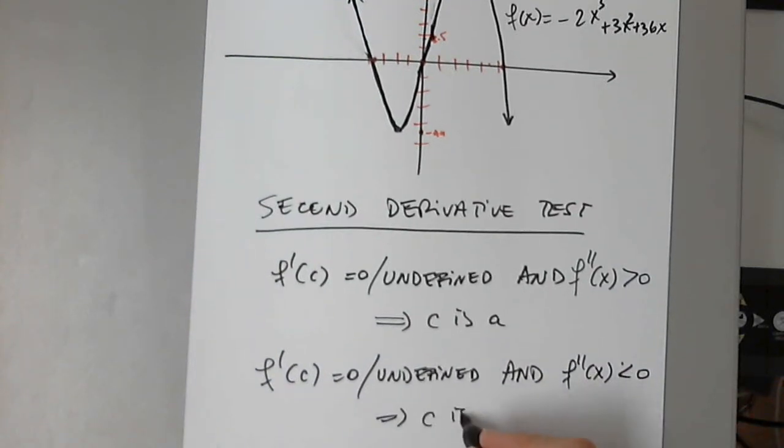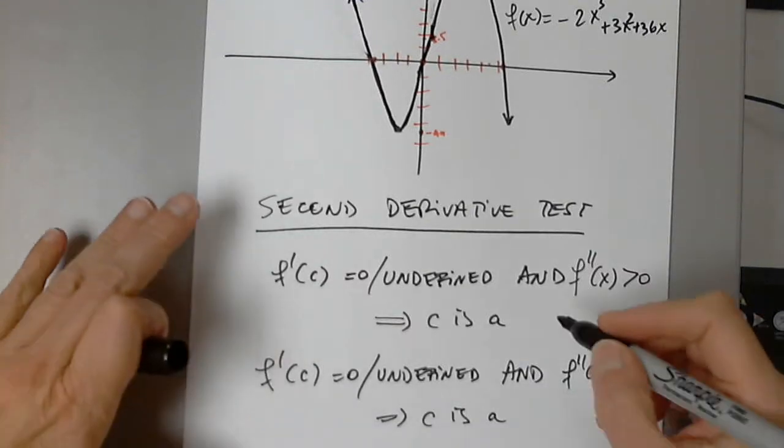That means that c is a... and you'll tell me what? One more time. So f prime of c is 0, like we had f prime of 2 was 0 or f prime of 3 was 0, or undefined, and the second derivative is positive. What point is that? c gives a minimum, or is a min, local min.